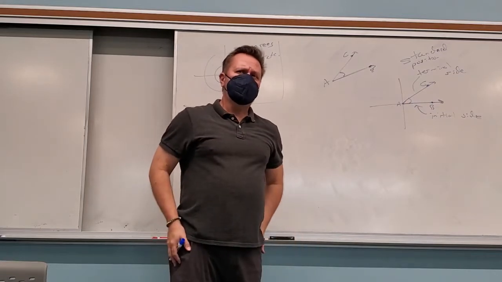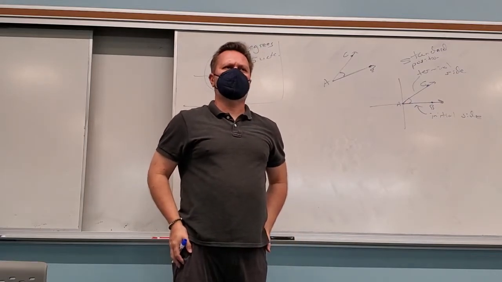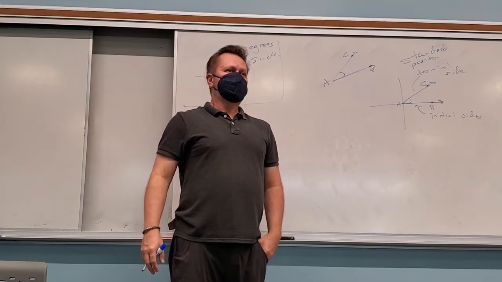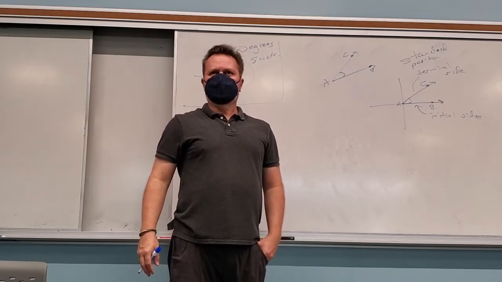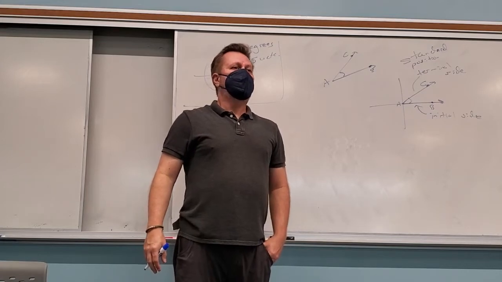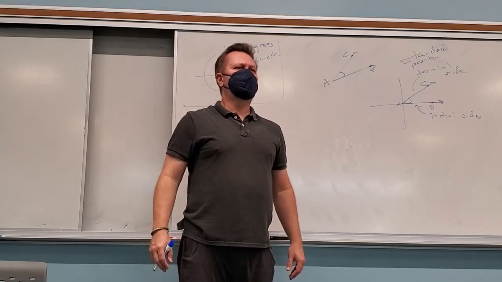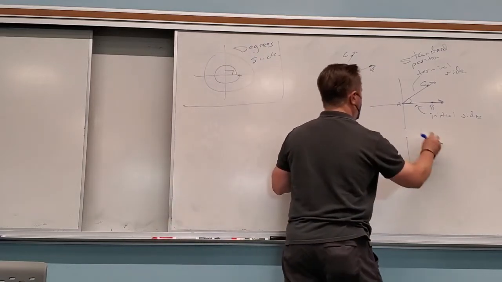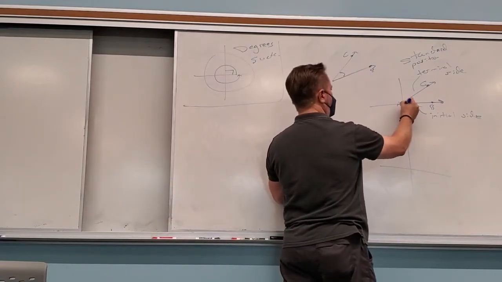So if that's true, how would you draw something that is a 0-degree angle? So the vertex would be at the origin, right? So vertex at the origin.